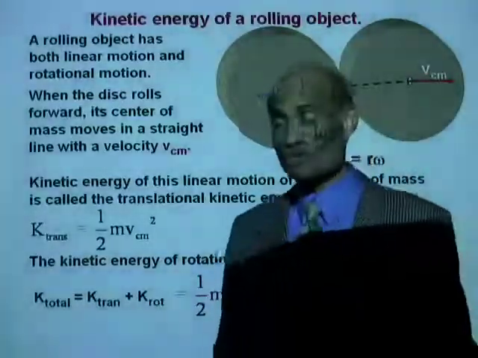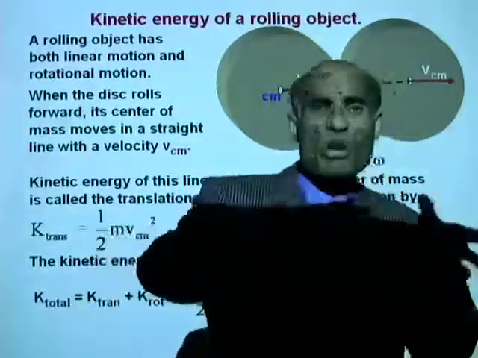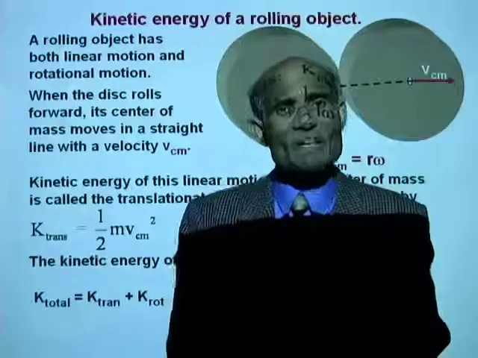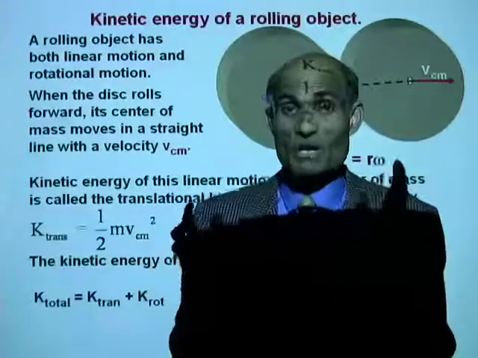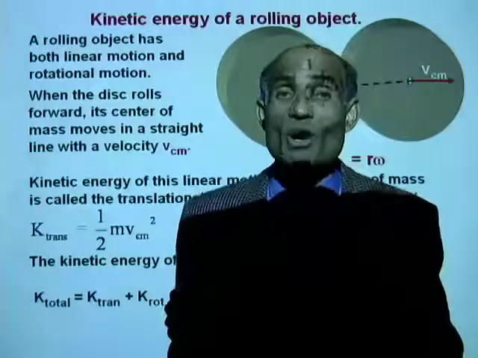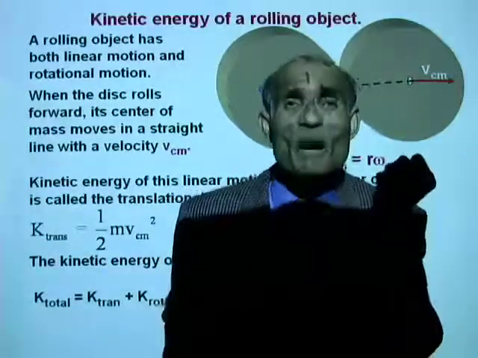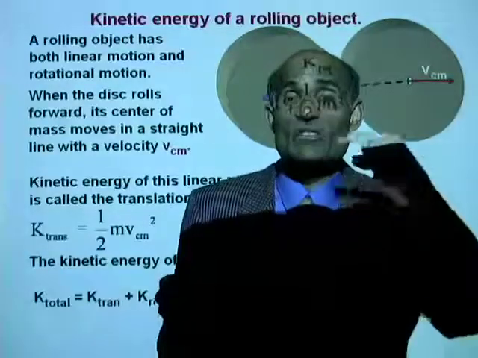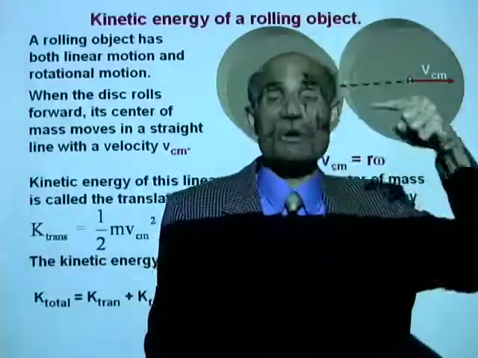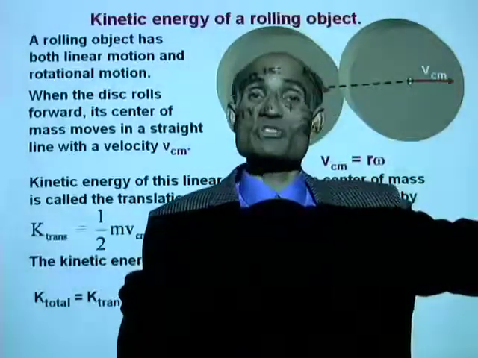Now, have you ever tried stopping a tire that is rolling? Haven't you played with tires? If you try to stop it, you are sure to get hurt, because a rolling tire carries a tremendous amount of kinetic energy. It has the kinetic energy due to rotation and kinetic energy due to translation.